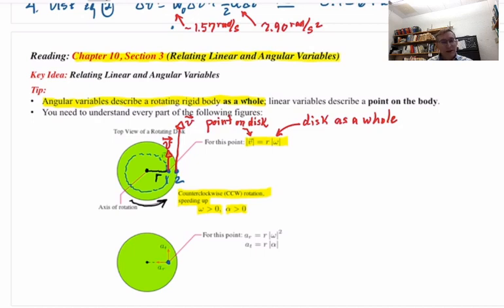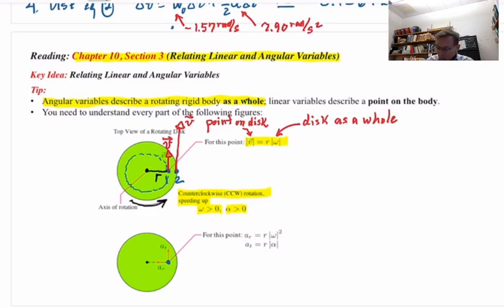What, you say? Not moving with uniform circular motion? That's the only kind of circular motion I know. Not anymore. And why not? Because the disk, remember, is rotating counterclockwise and speeding up. So that point that I'm talking about is moving in a circle and speeding up. So we don't have uniform circular motion.